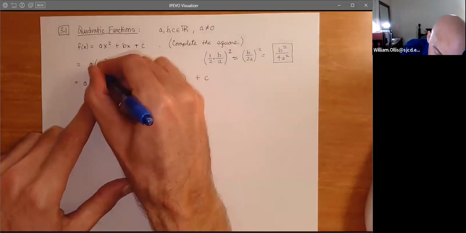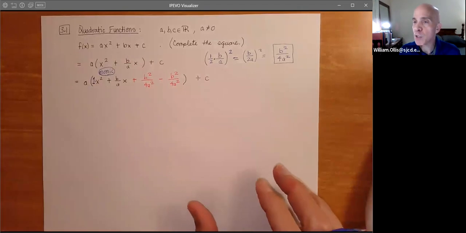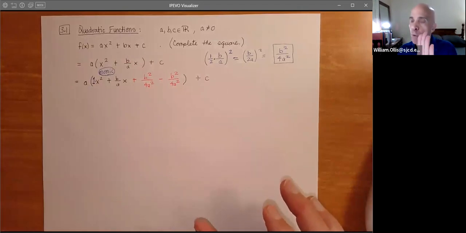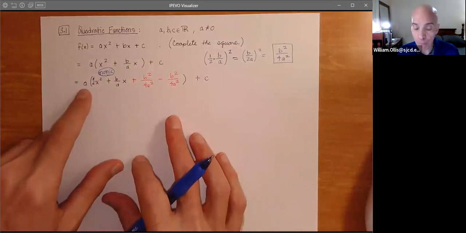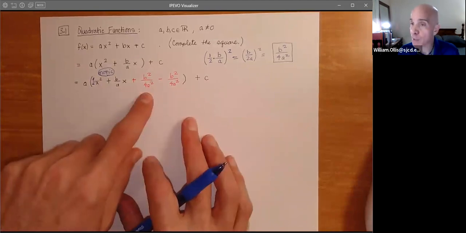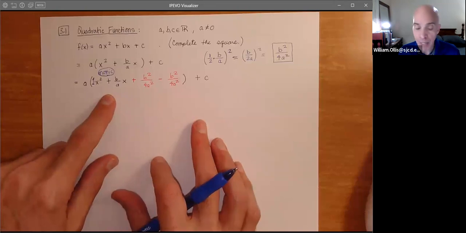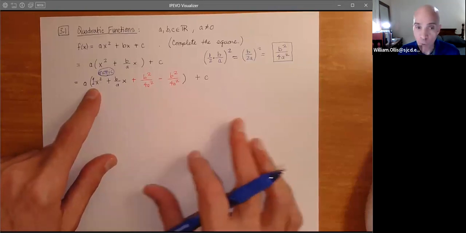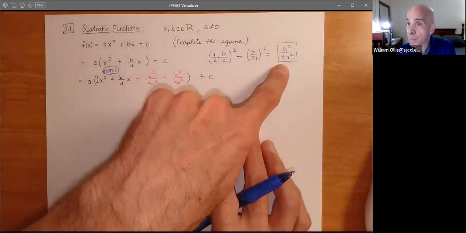We need monic. So when you complete the square, the first thing you have to do, if the coefficient of the x squared term is not 1, is factor that particular coefficient from the squared term and the x term. Leave the constant term alone if it exists. So the idea is we get monic.